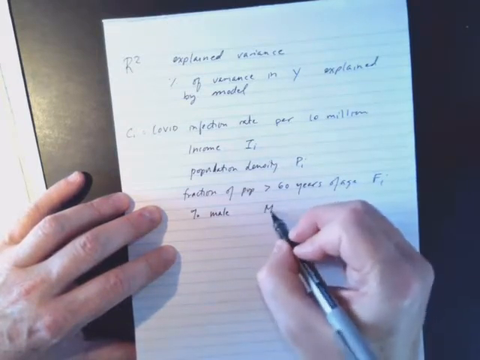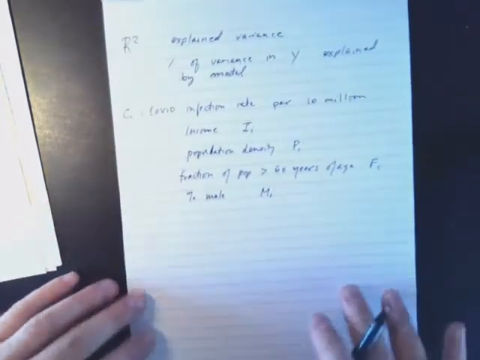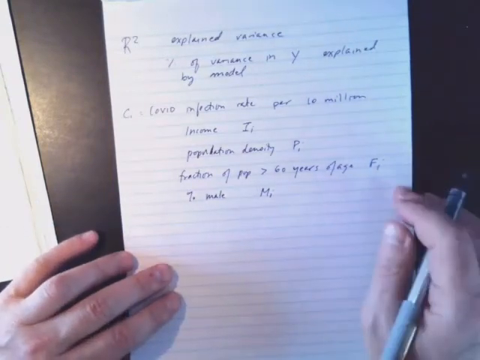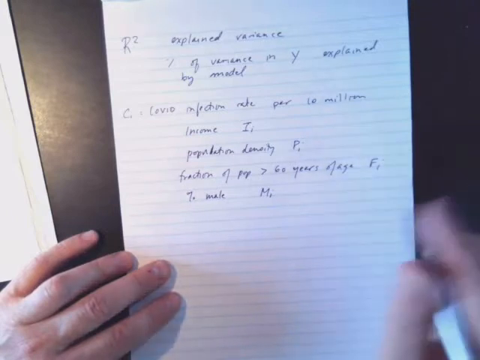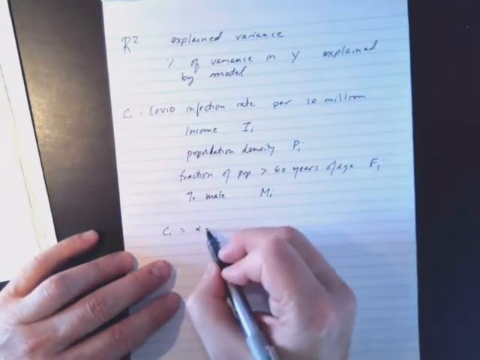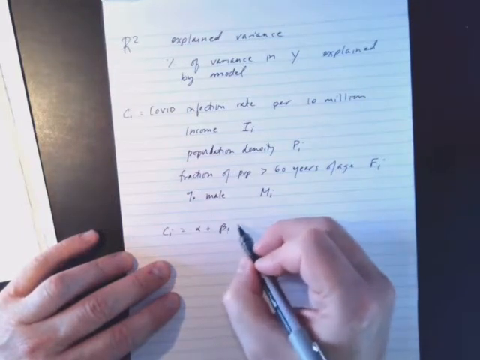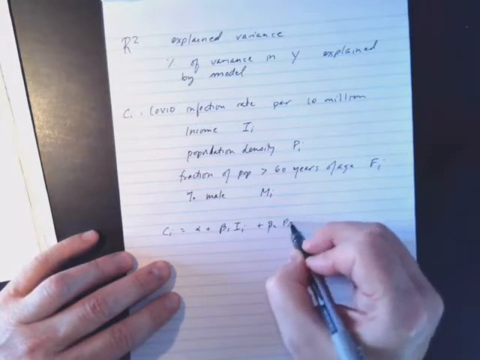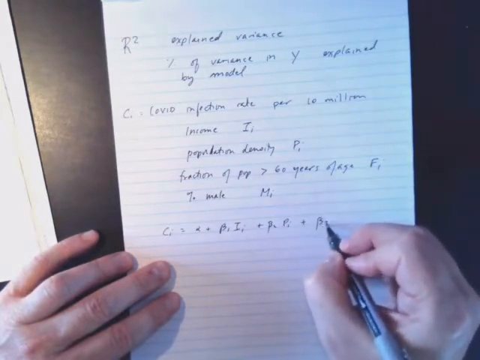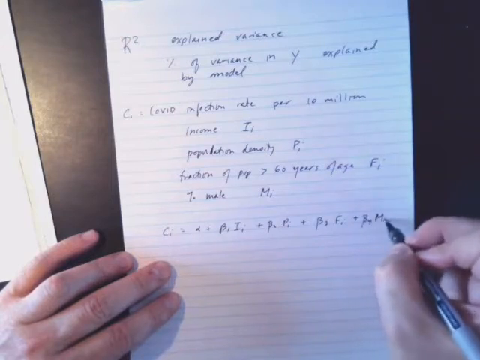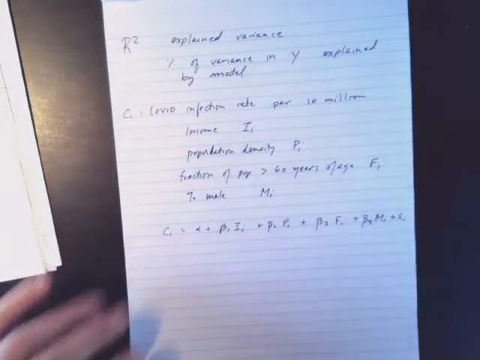So we'll call that M. In most countries it's going to be around 50, but some countries higher and lower. Okay, so then our model will be C equals alpha plus beta 1 I plus beta 2 P plus beta 3 F plus beta 4 M plus epsilon.